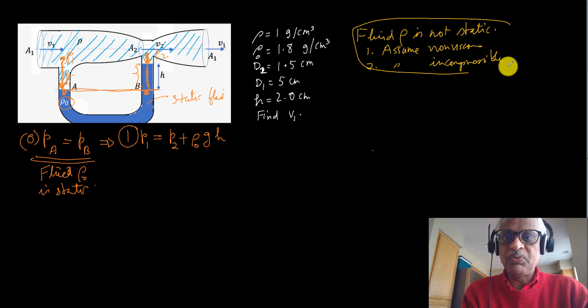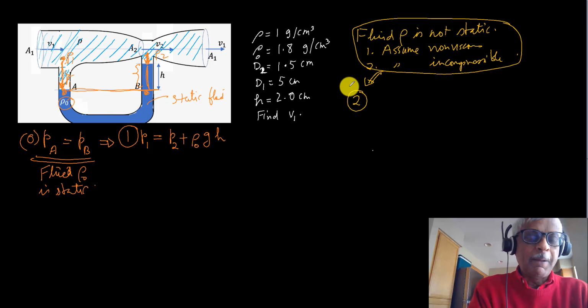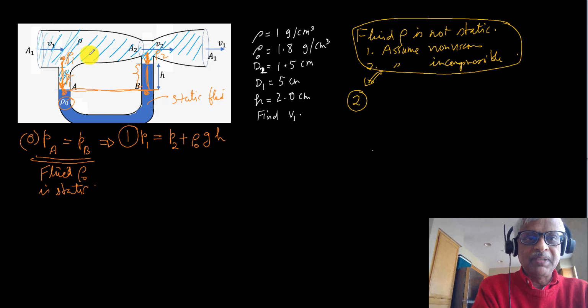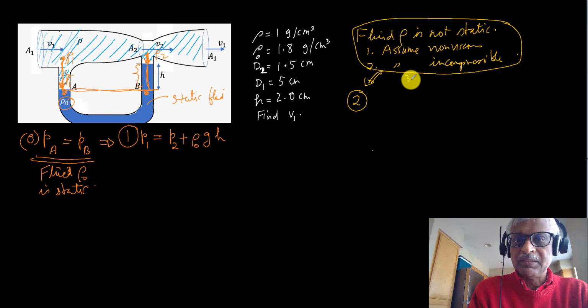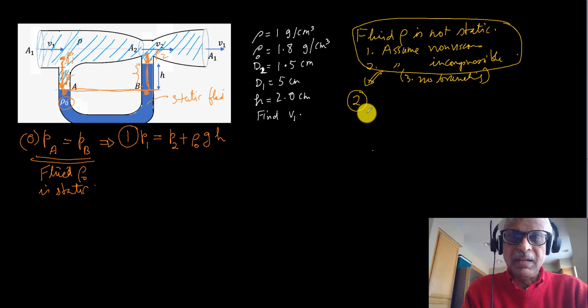So about this fluid flow, I'm going to assume these two. These two assumptions give us equation number 2. The flow rate is the same, there's no branching here. So it's very simple, Bernoulli.